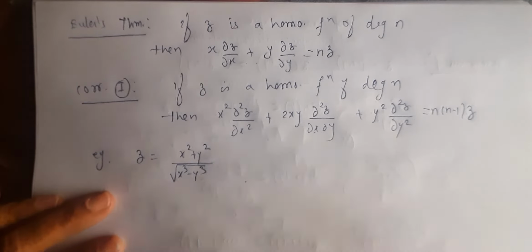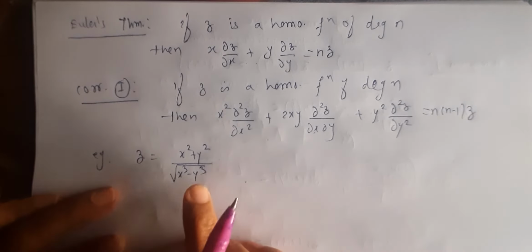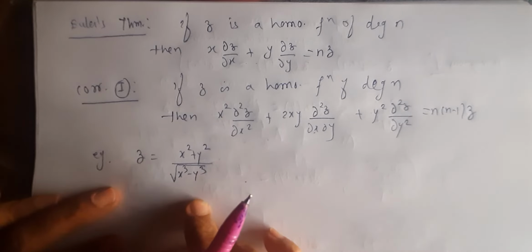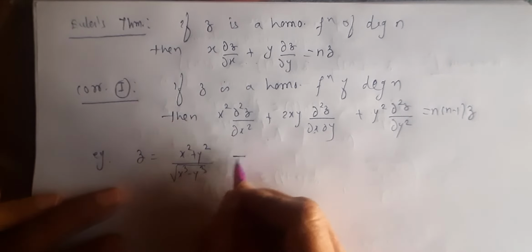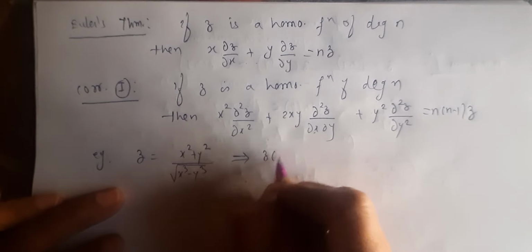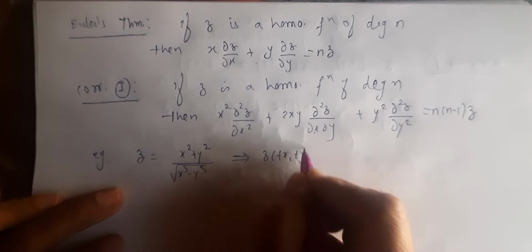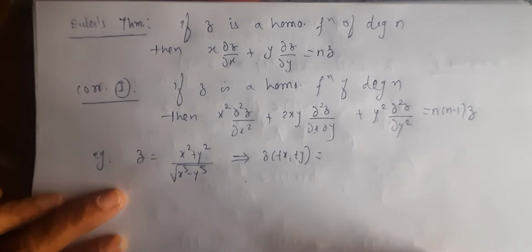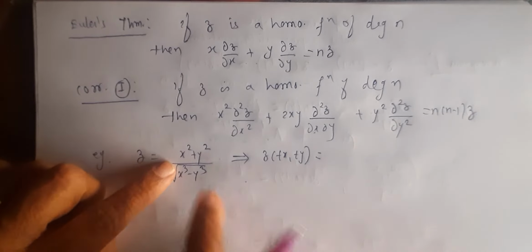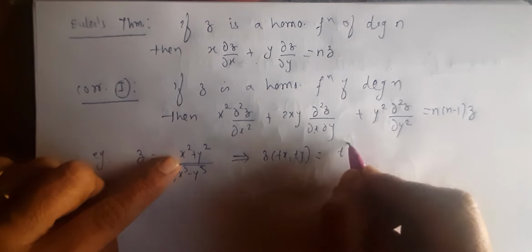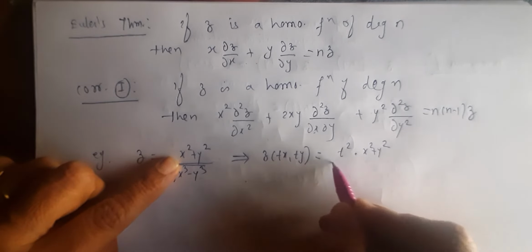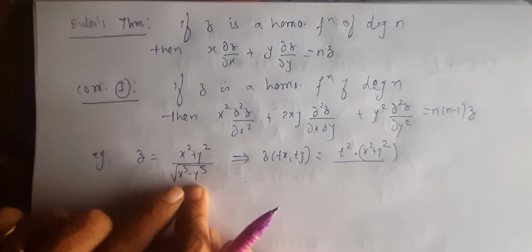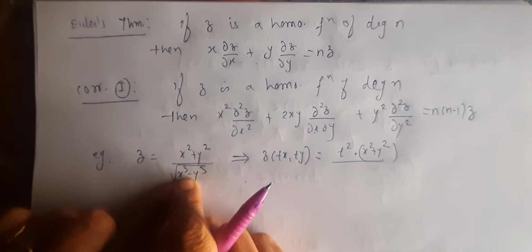What does Euler's theorem say? I'll just prove the given function z is homogeneous. And what to do for that? To prove homogeneous, what do we need to do? Replace x, y by tx, ty. Once you replace them by tx, ty, you can see here t square is common. We are getting x square plus y square upon, here see properly, t cube is common inside the root.